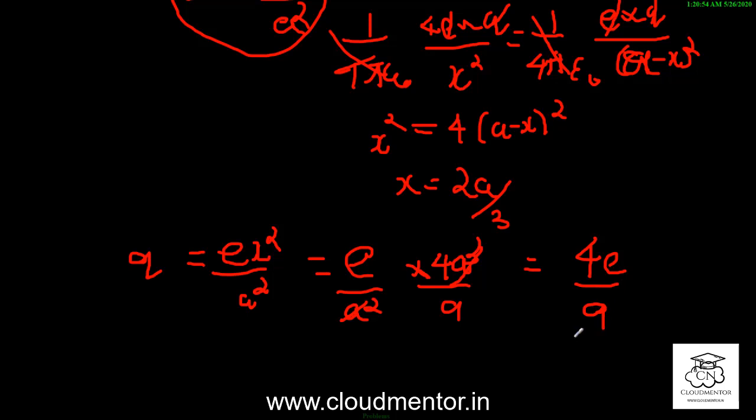So the value of q is 4e by 9. The equilibrium of the negative charge q will be unstable. We have discussed that earlier in the previous question also.